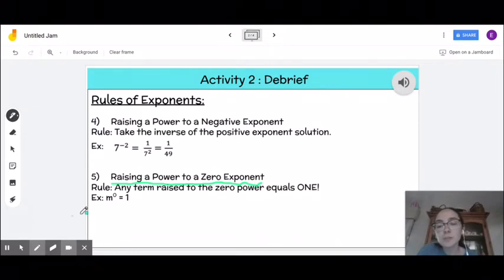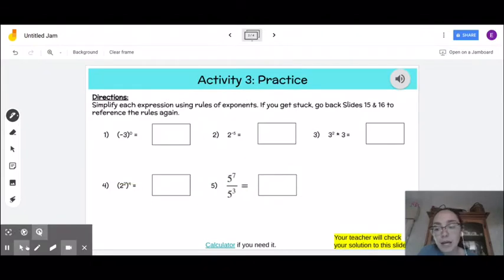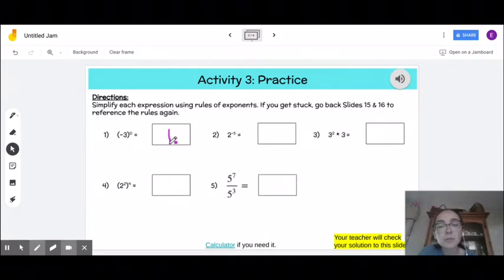So what we need to do is read the rule. It says, rule: any term raised to the 0 power is equal to 1. So I have a raised to a power of 0, which means my answer is going to be 1.